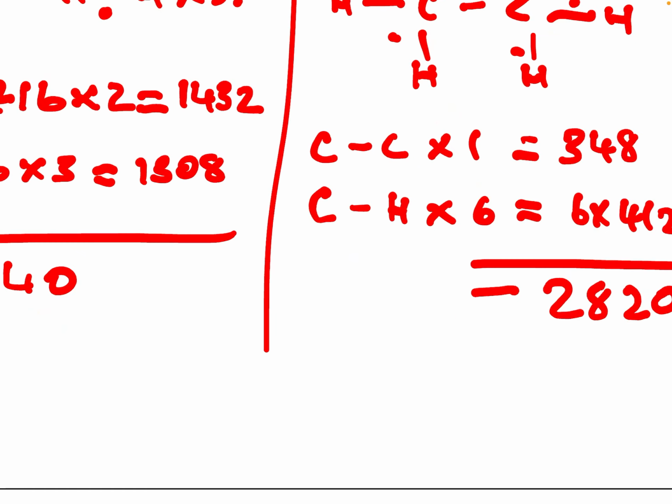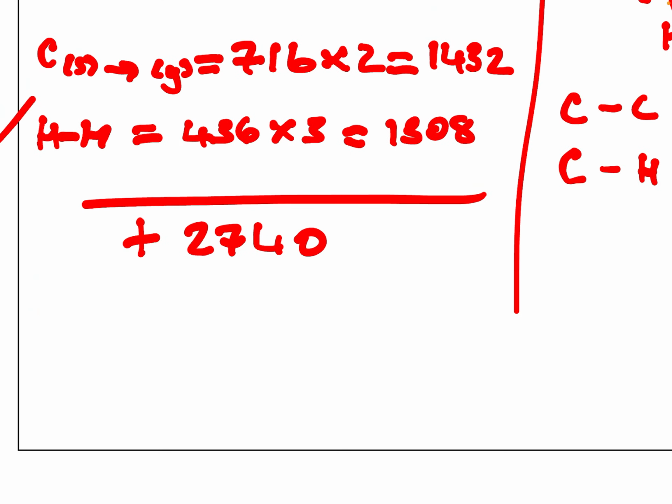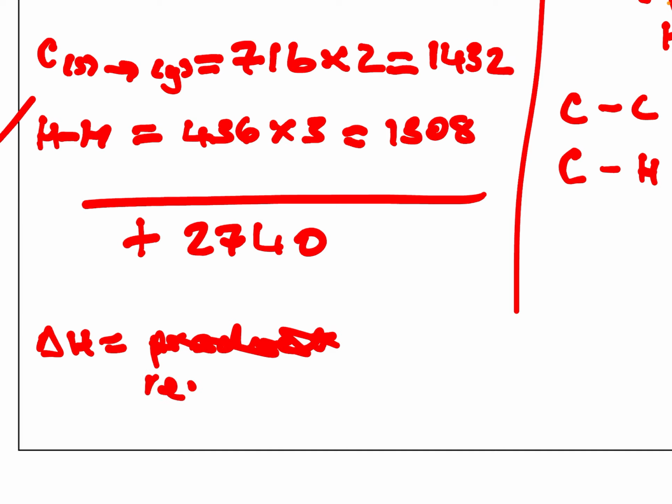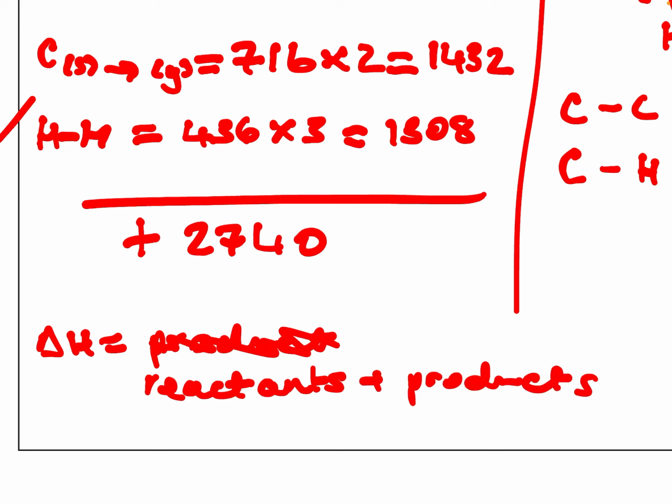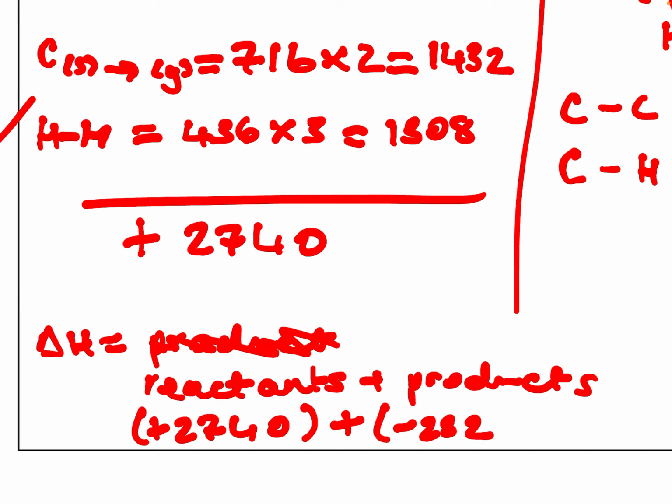Our enthalpy change here, just at the bottom, delta H is going to be reactants plus products. That's going to be plus 2740 plus minus 2820.